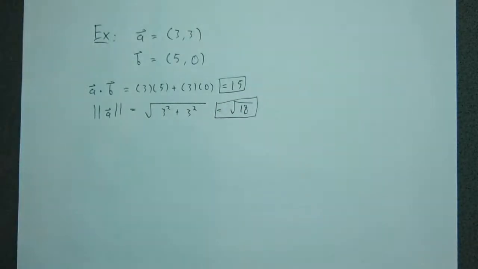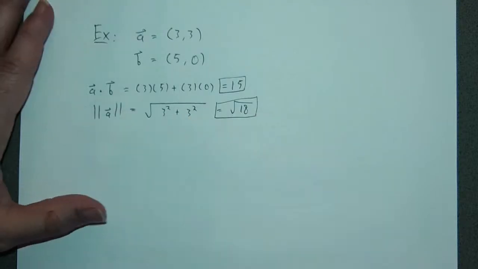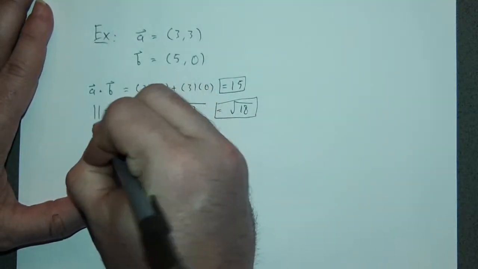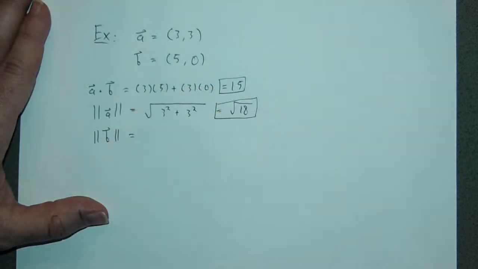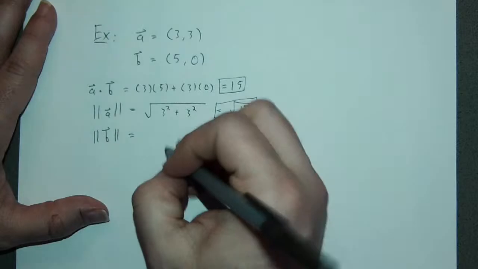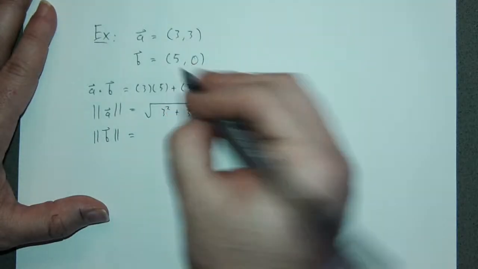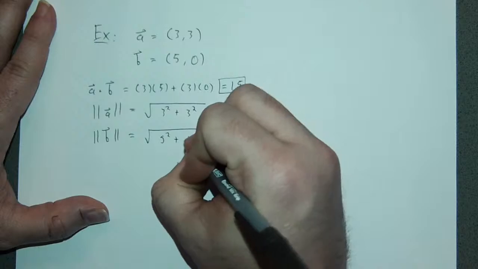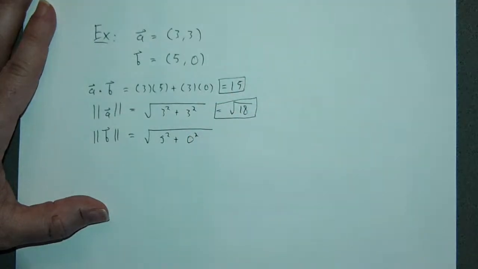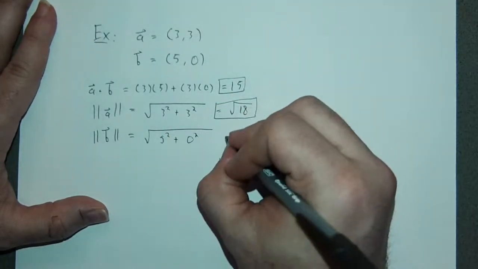And the length of B? I know it's 5, but I'll write it out anyway: the square root of 5 squared plus 0 squared, so the square root of 5 squared, or 5.